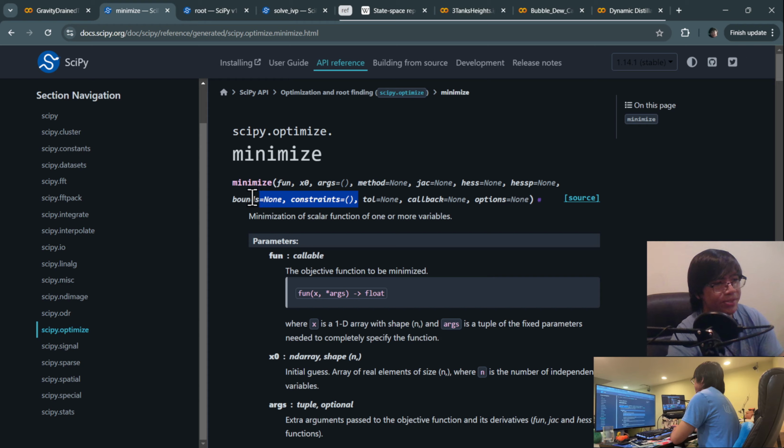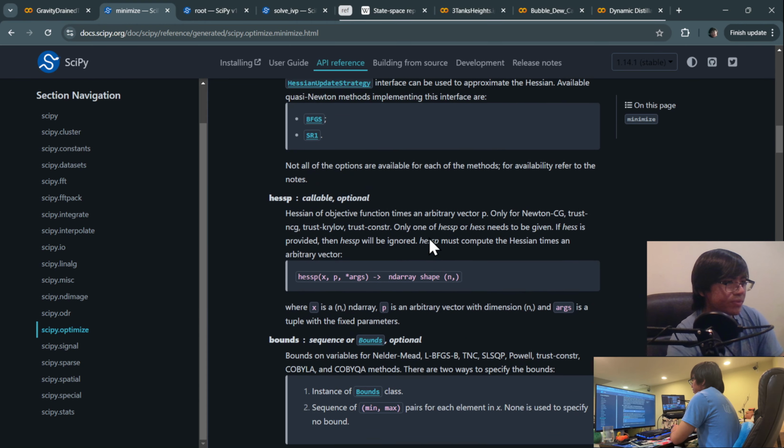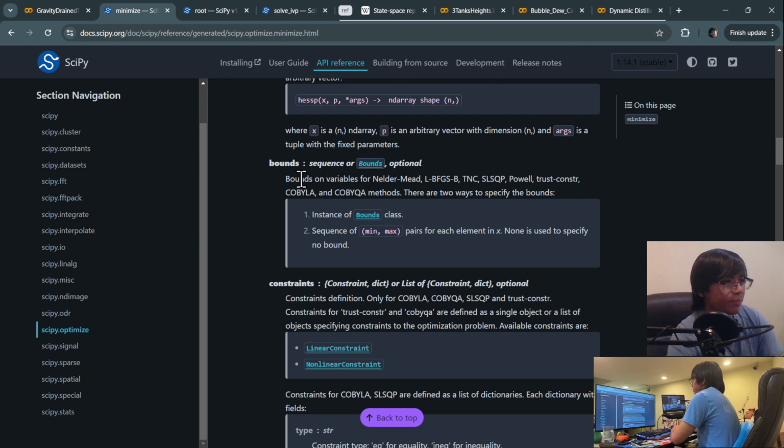So we can use these two. If you go down here, bounds and constraints. Bounds is essentially just a range. We'll put brackets from 0 to infinity, since that's what the heights can be, it should just be a positive number. And we can set it at 0 since minimize doesn't care.